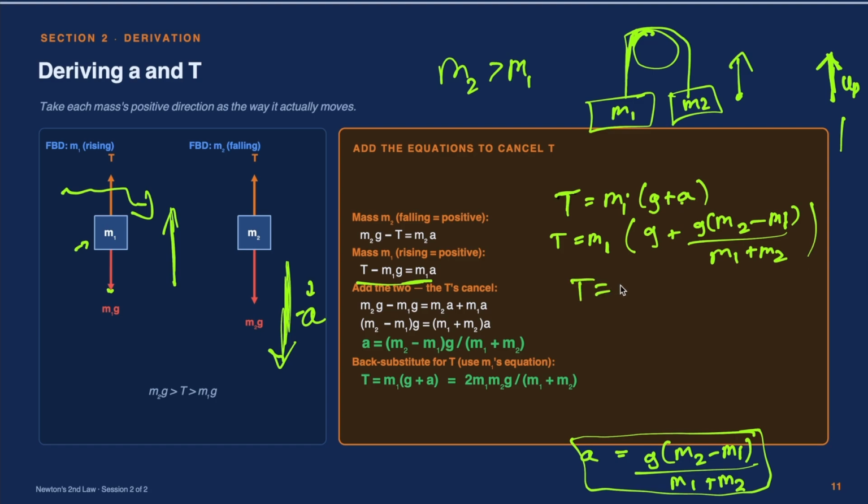Tension is equal to m1 times, so this I can multiply by m1 plus m2. I can multiply g by that. So I'm going to get g times (m1 plus m2) plus g times (m2 minus m1), over m1 plus m2.